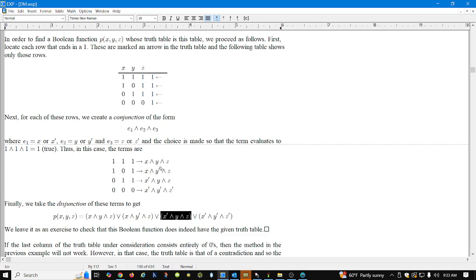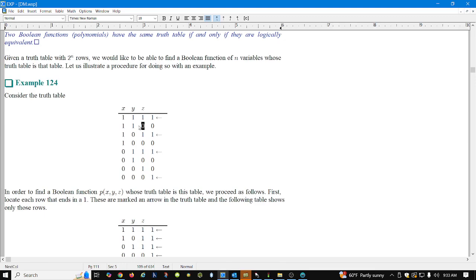Okay. So we get something rather unpleasant. It's kind of long, and I'm going to leave it for you to do the unpleasant part and check that the truth table of this polynomial is this truth table.